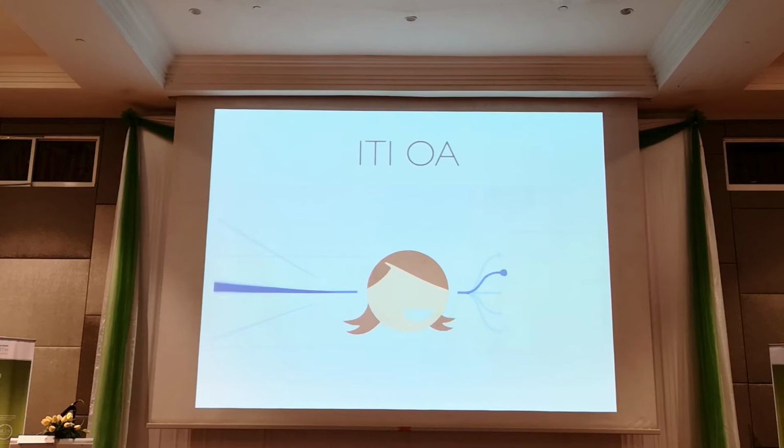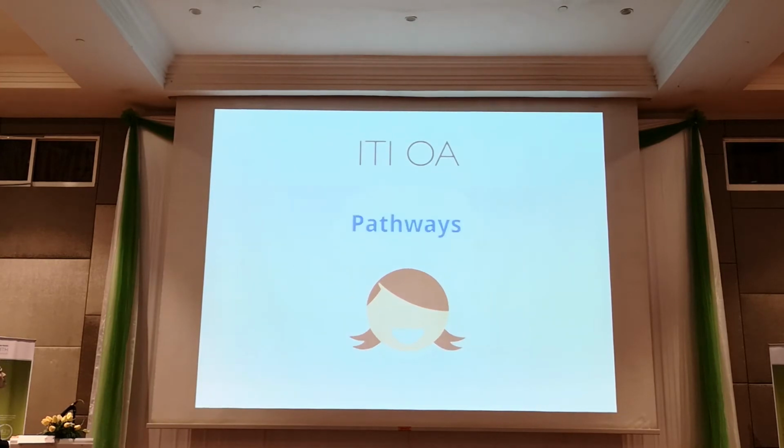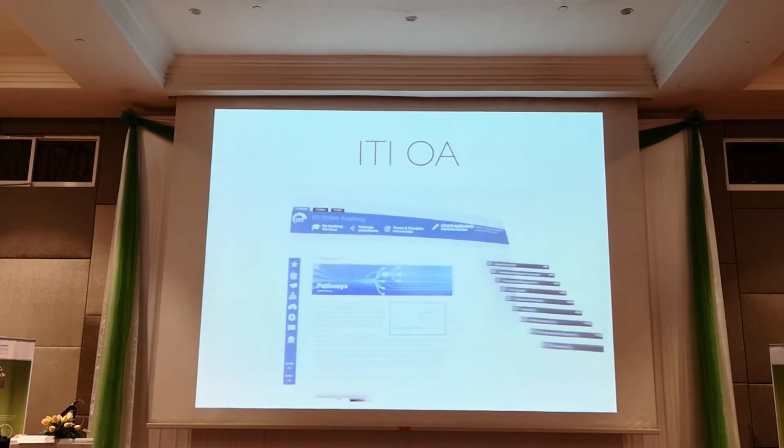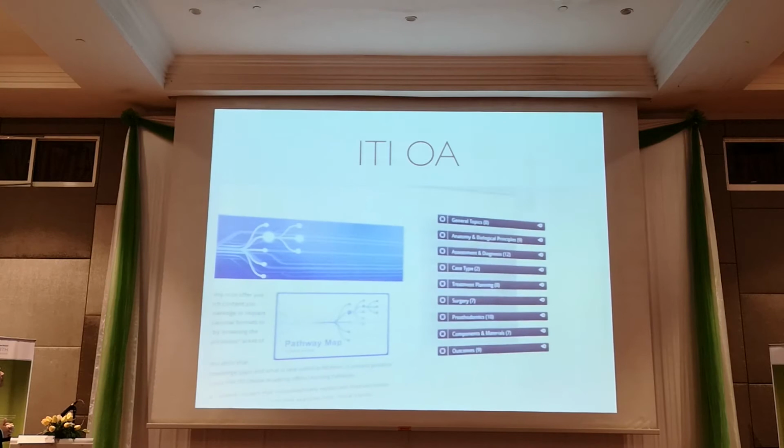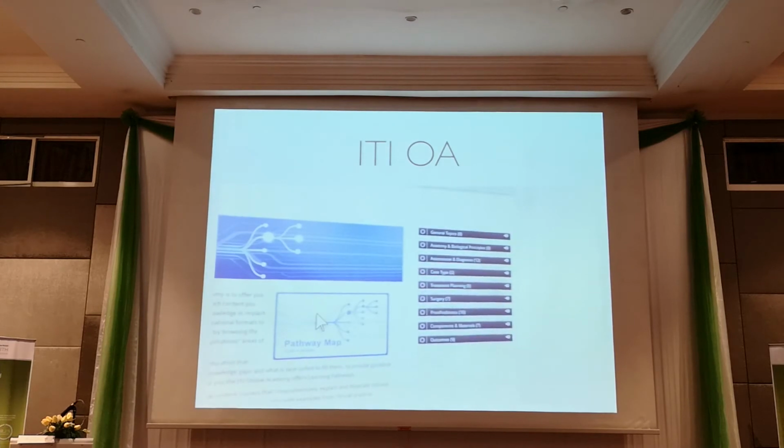Learning Pathways allow you to systematically select desired learning content for individual topic areas in the ITI Online Academy. Learning Pathways group theoretical knowledge and examples from clinical practice into content clusters to cover individual implant dentistry topics comprehensively. Learning Pathways can be explored using the keyword taxonomy or the pathway map.